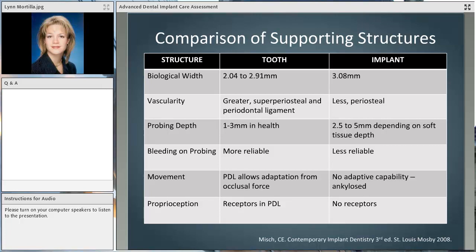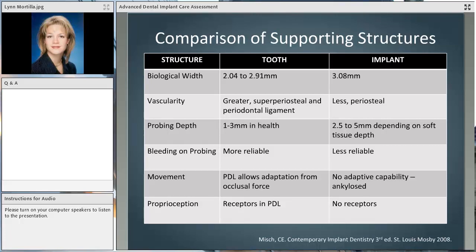And oftentimes in these cases where the tissue is very tight and adapted, the actual manipulation of just entering a probe into that sulcular area around the implant can cause a small amount of bleeding. So we're not going to look as heavily at bleeding on probing as a parameter for health versus disease.